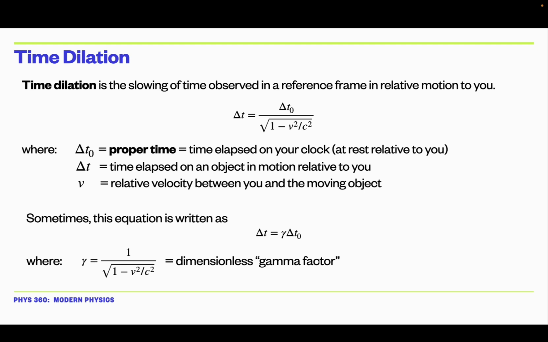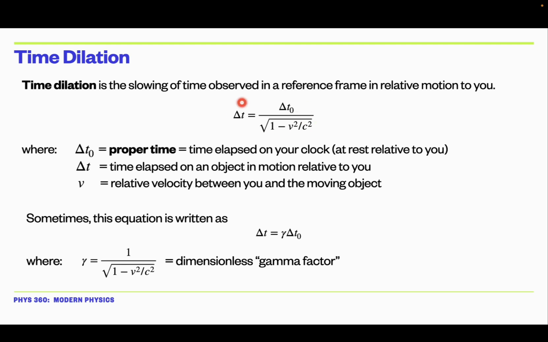So it's your own personal time. Delta t is the time elapsed on someone's clock that you see moving relative to you, and v is that relative velocity. We'll talk a little bit more about how to define delta t versus delta t naught, because it can get confusing at times.